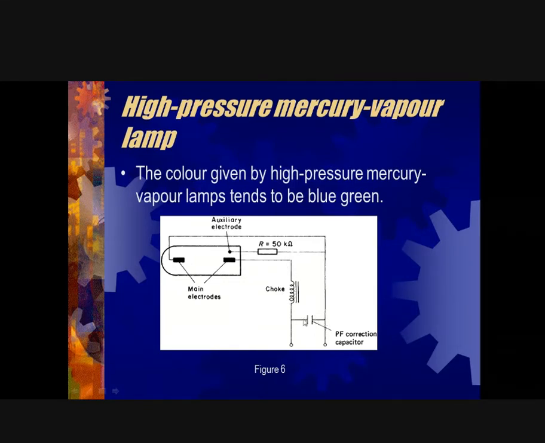And we have our power factor correction capacitor because of the choke, right? The choke is an inductive element which would add reactance to the circuit, hence resulting in a low power factor. So to offset that, or to improve the power factor, a power factor correction capacitor is used, right?